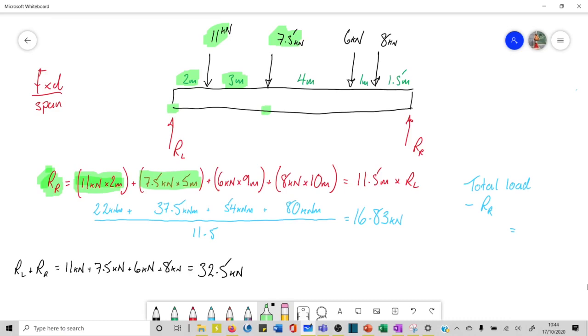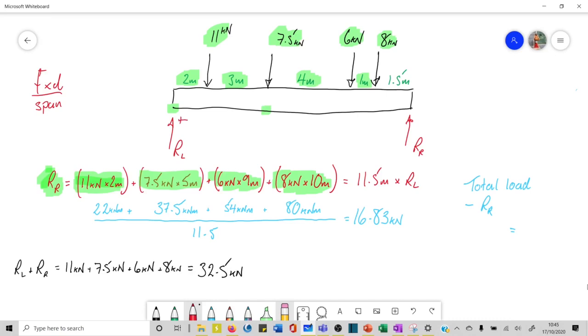Then we've got 6 kilonewton force, multiplied by 9. And then we've got 8 times 10, because we've got 1 plus 4, 5 and 5, 10. And then all of that together equals 11.5, which is the span.